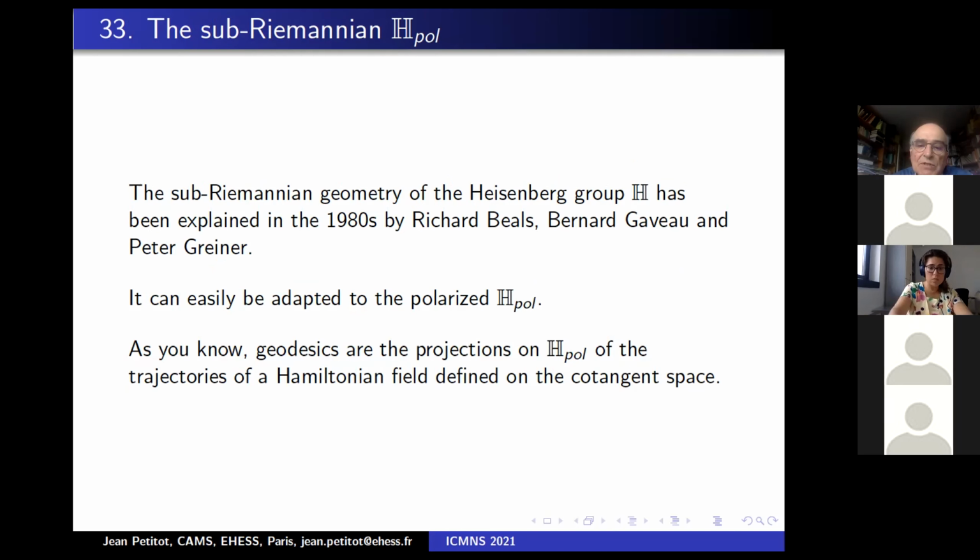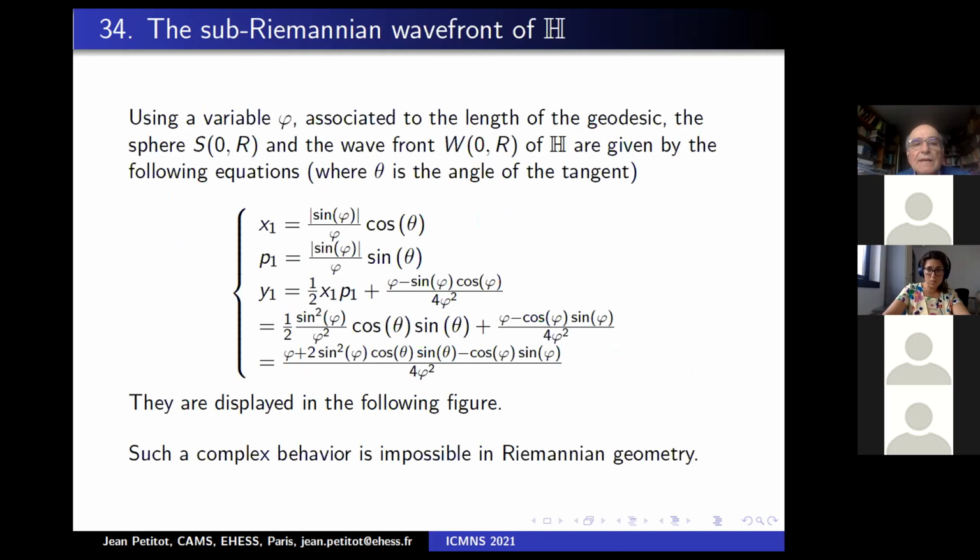And geodesics are projections of the trajectories of a Hamiltonian field of the cotangent space, and using variables associated to the length of the geodesics and the initial covector, the sphere centered at the origin with radius r, and the wavefront W of H are given by the following equations, where theta is the angle of the tangent.